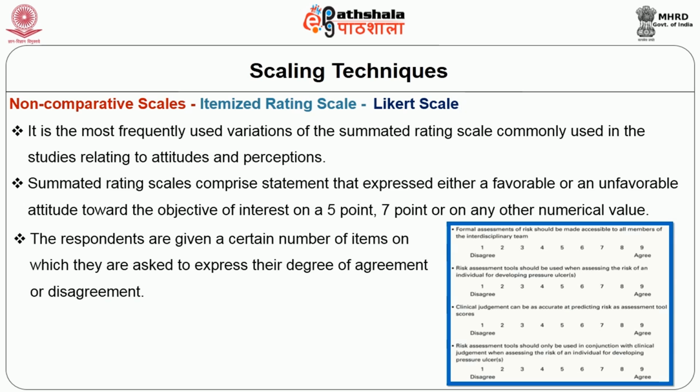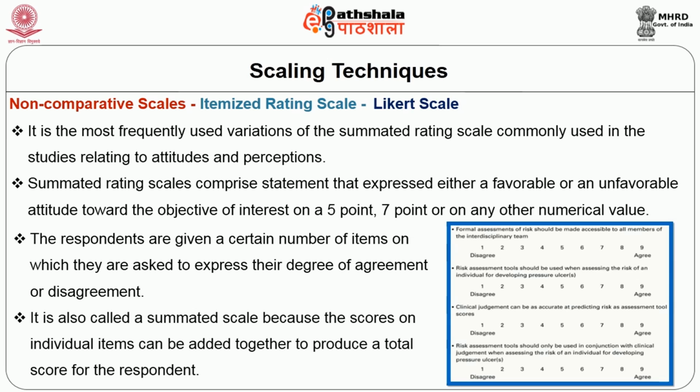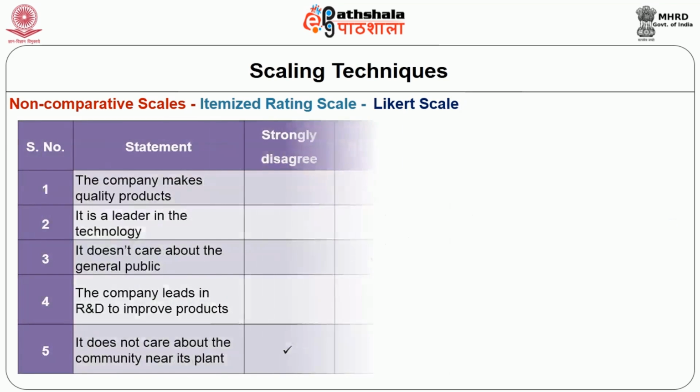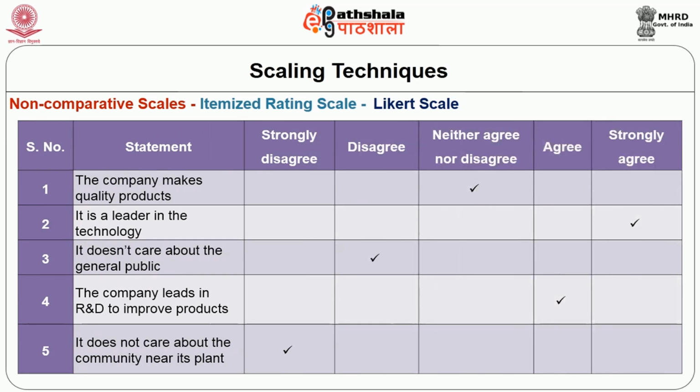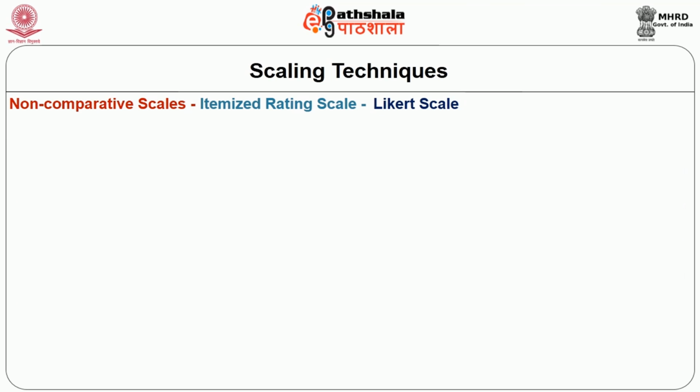The respondents are given certain number of items or statements on which they are asked to express their degree of agreement or disagreement. Likert scale is also called summated scale because the scores of individual items can be added together to produce the total score for the respondent. The following example gives the Likert scale statements and the measures.